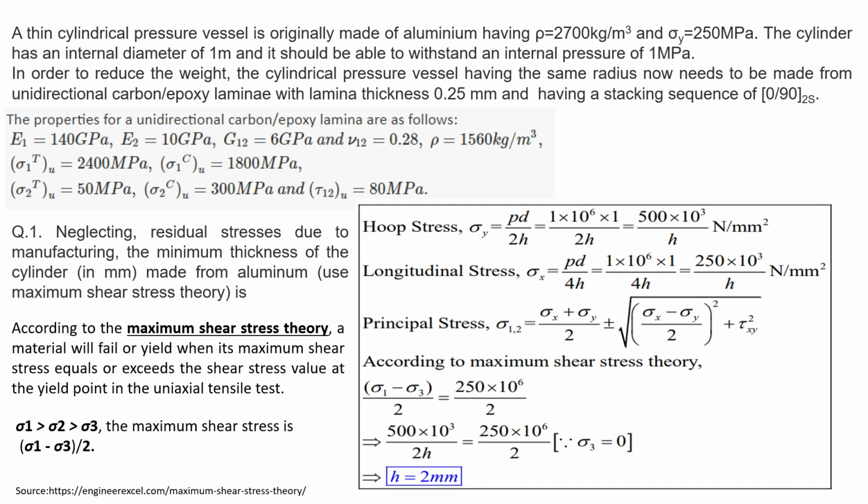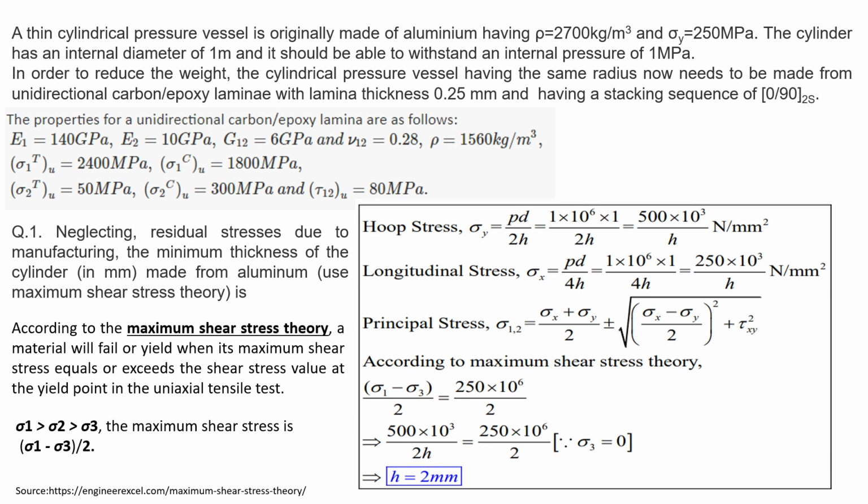In order to reduce the weight, the cylindrical pressure vessel having the same radius now needs to be made from unidirectional carbon epoxy laminae with lamina thickness 0.25 mm and having a stacking sequence of 0 90 2S, that is 0 90 twice symmetric.